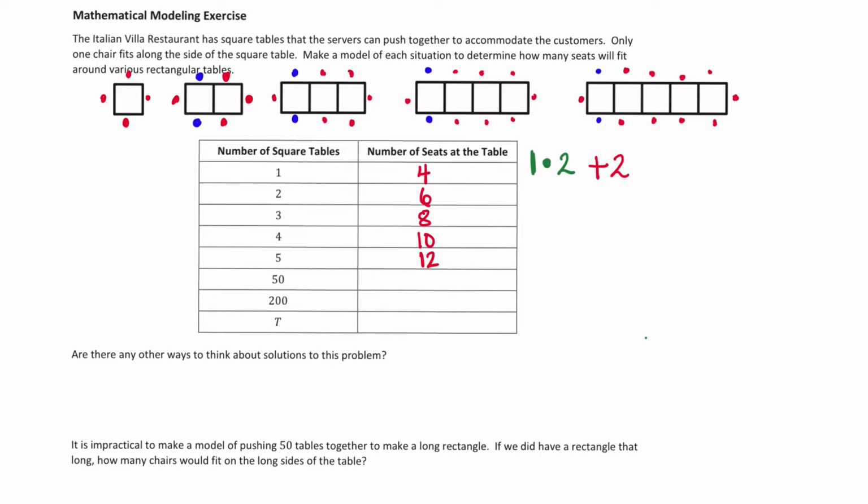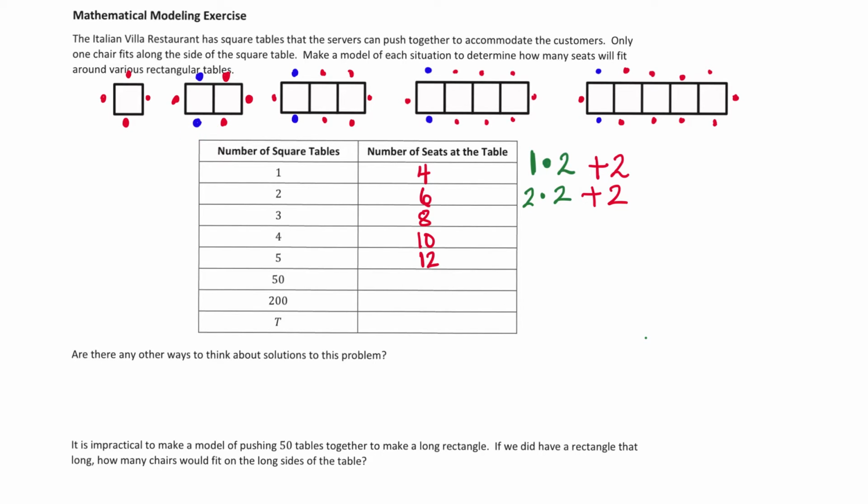Let's continue the pattern, see if it works. How about if I had 2 tables, times 2 seats, plus the end seats? What would that give me? 2 times 2 is 4, plus 2, that makes it 6. So keep in mind the end seats are the number that doesn't change, but every time you add a square, you add 2. So 2 times 2 gives you the 4.